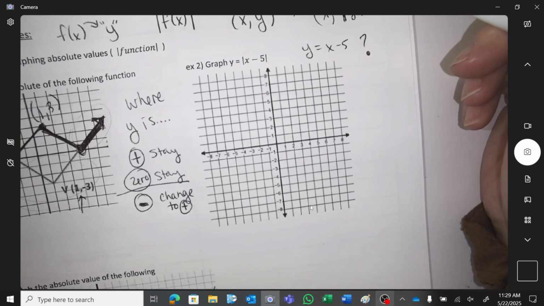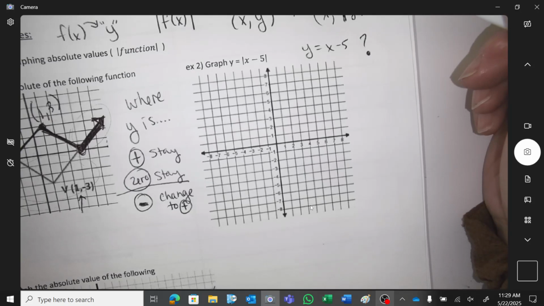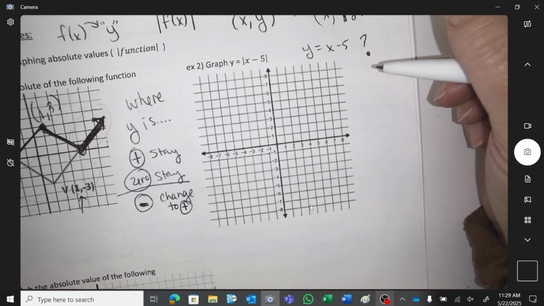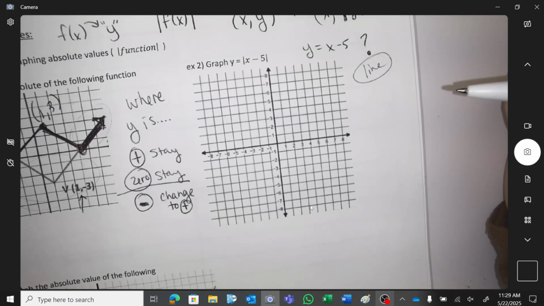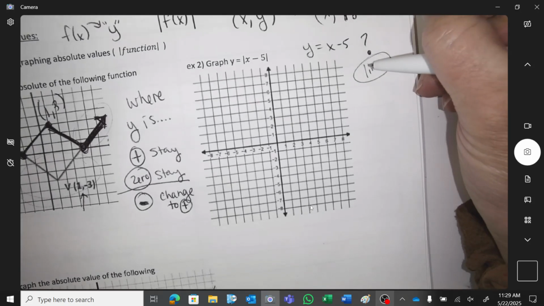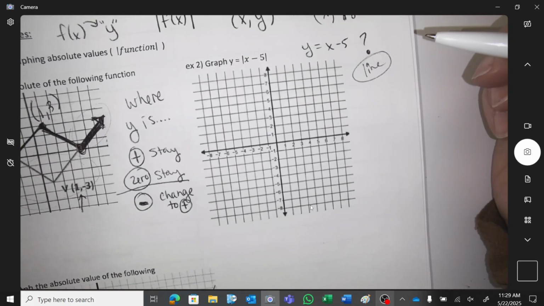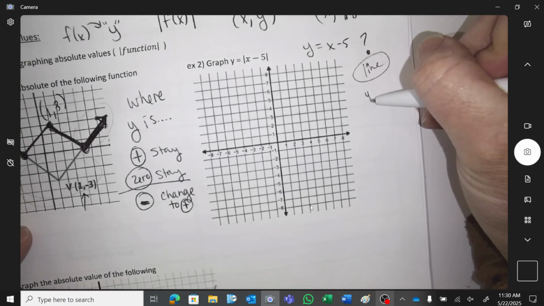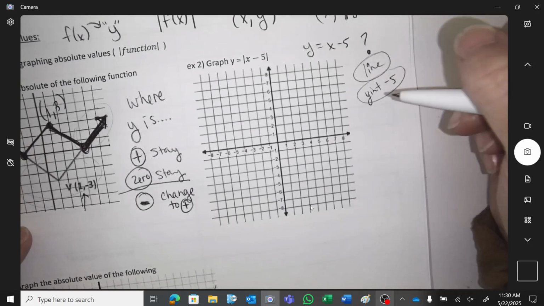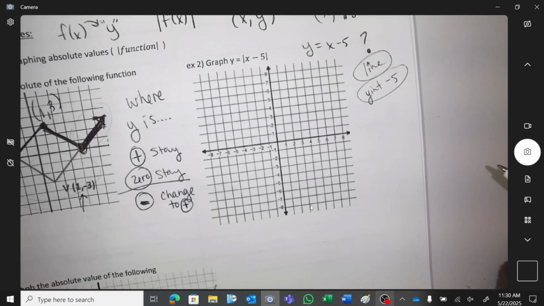What's the shape of this thing when you just have an x? You should have known that was a line because that was your whole grade 10 year of graphing. What do you know about this line? Something about that -5 part. What's that? Your y-intercept, right? Remember that?